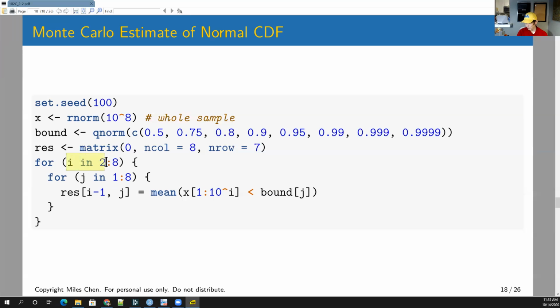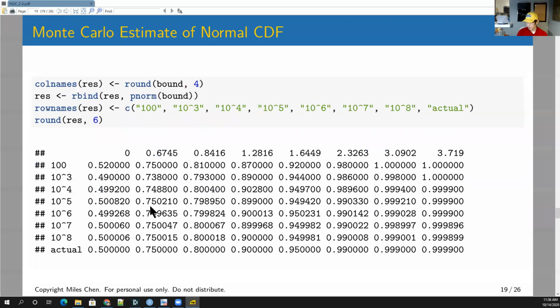First we do it with 100 values: looking at just the first 100 values of x, which is 100 million random normal values, what proportion is less than this boundary, this boundary, all the way up to this boundary? Then we do it again for i equals 3, using the first 1,000 values, what proportion is less than the boundaries? And we're going to fill out our matrix.